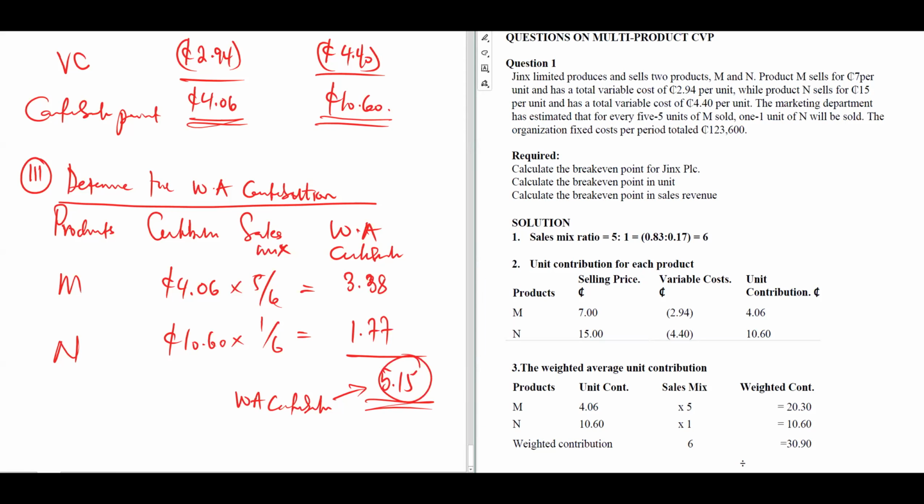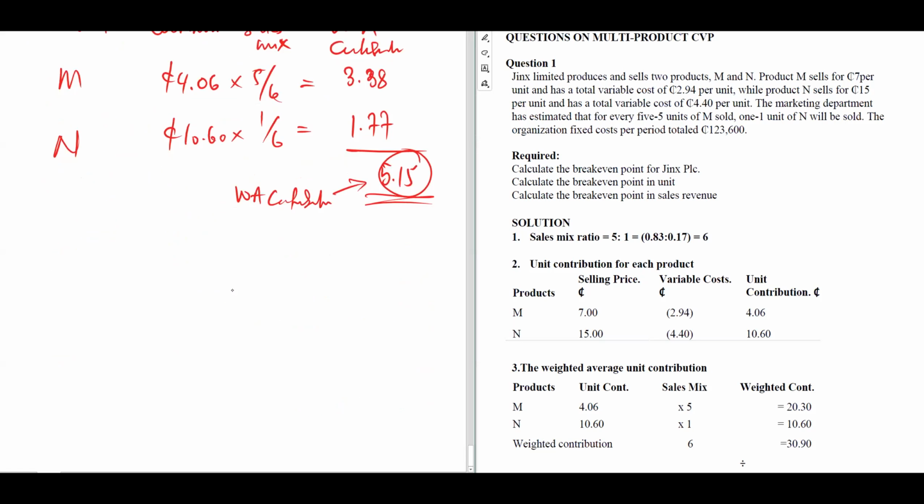I hope that is clear. So this is now the weighted average contribution. This weighted average contribution is what you are going to use to work the whole question. Assuming they ask you for break even, instead of using the normal break even that you know, we are going to use weighted average contribution to do it. If they ask me for the number of units to break even, how do we get it?